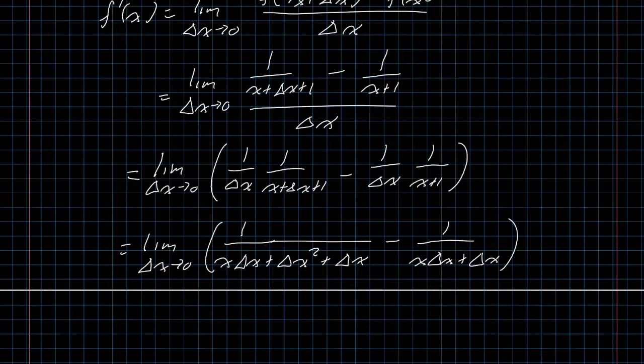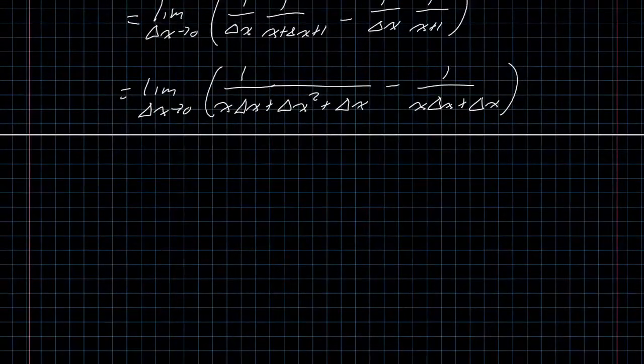In order to try to work with it, the common tactic is we currently have two fractions. Let's try to write it all as a single fraction by finding some common denominators. All right, so we'll multiply the first fraction top and bottom by x delta x plus delta x.